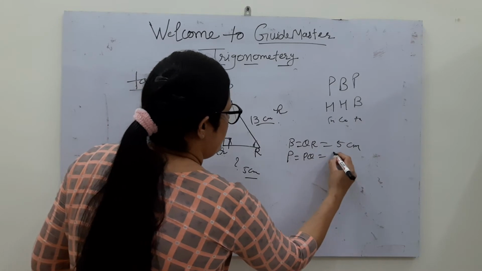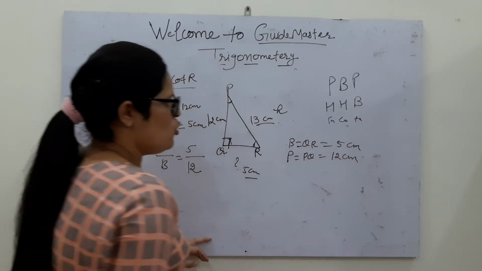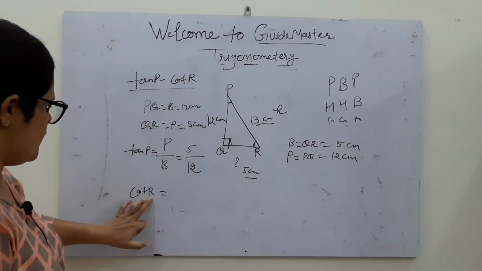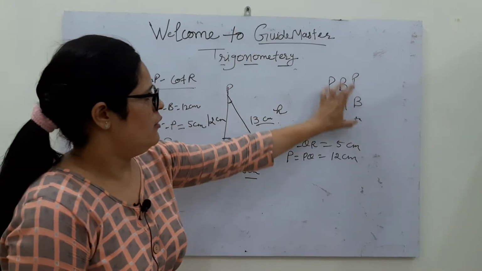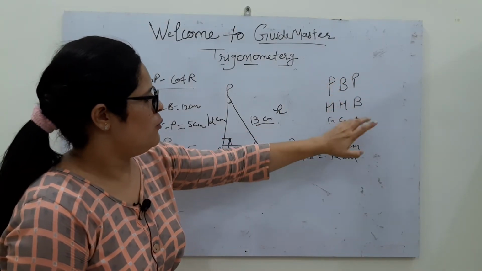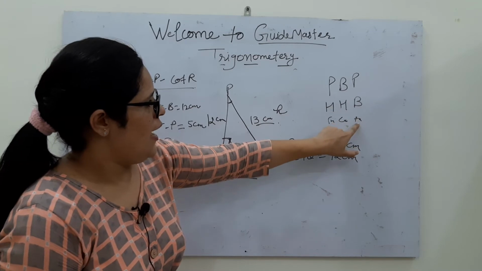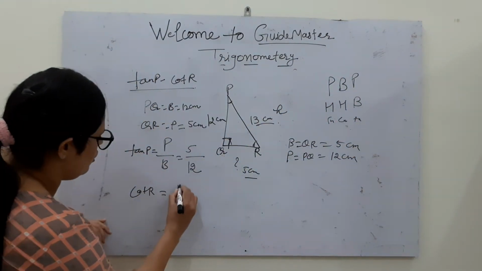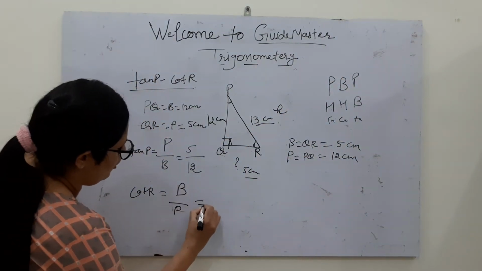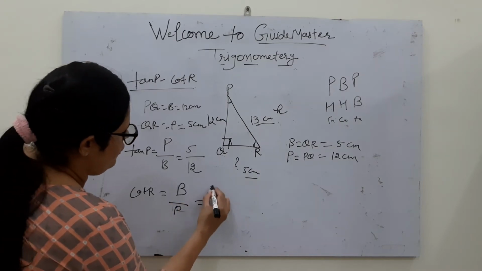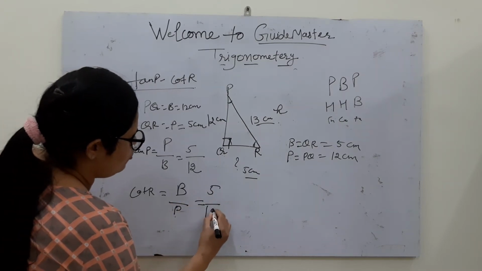PQ is 12 centimeter. Now cot R is the inverse of tan. P upon B is tan, B upon P is cot. So here B is 5 and P is 12.